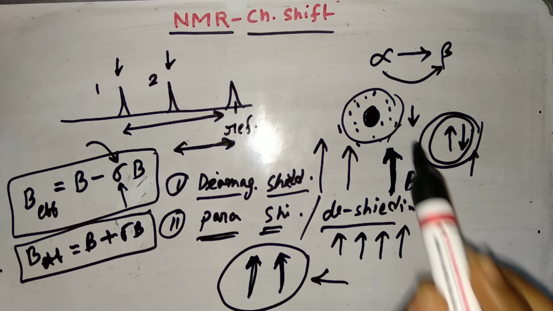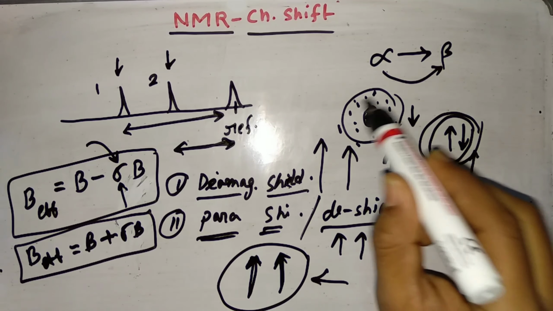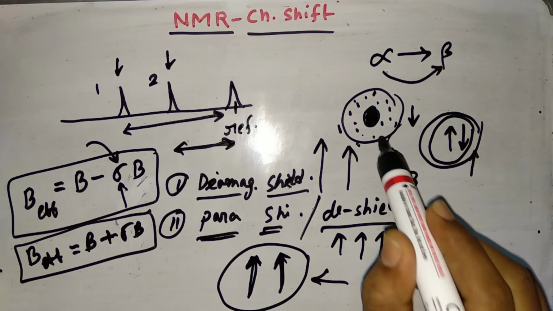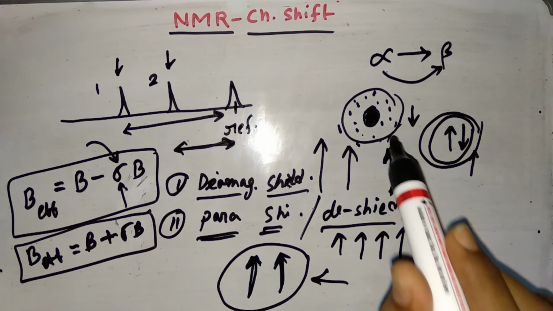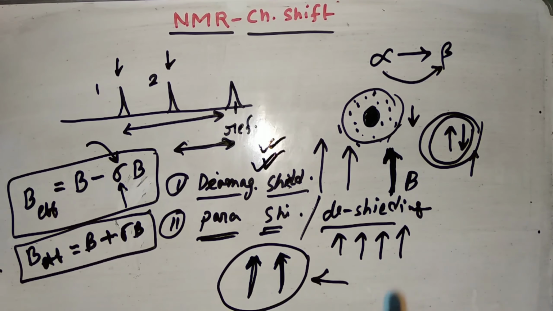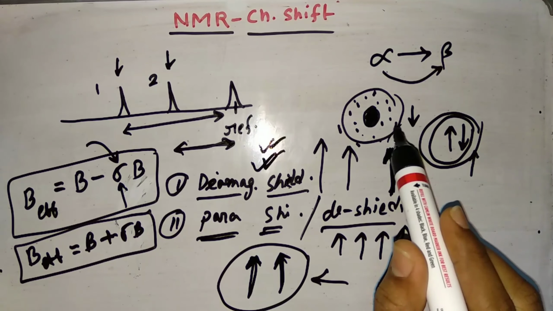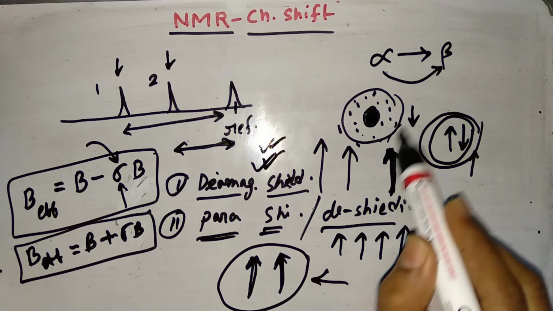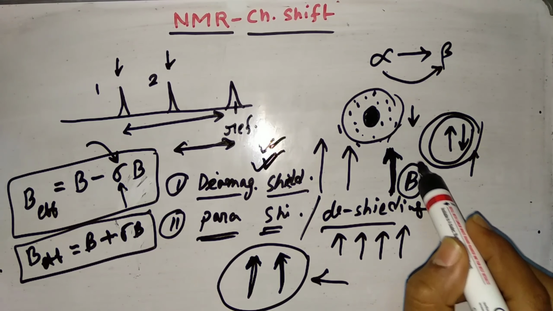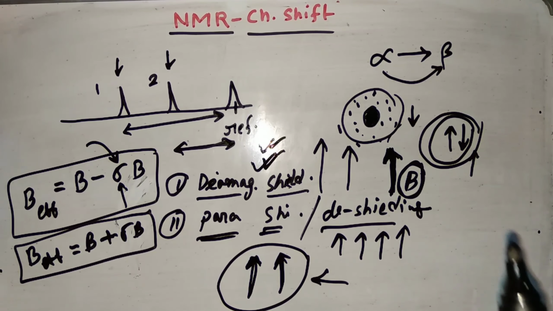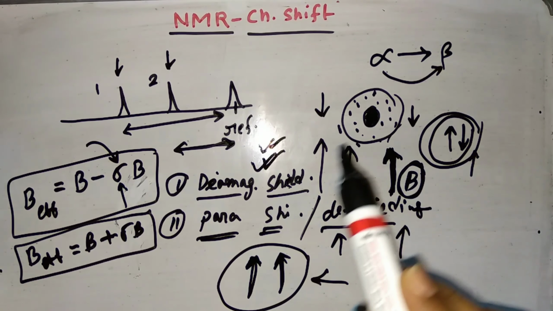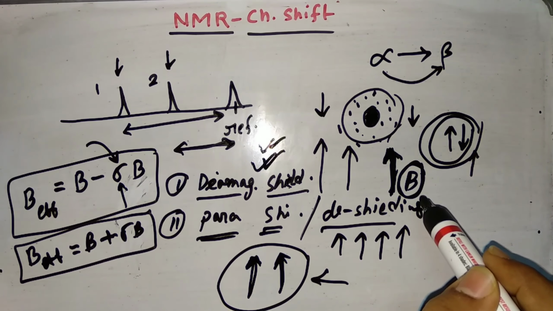Thus, if the electron density is more, or more electrons are present in a system, then that system shows diamagnetic shielding. Or say if a system doesn't have that many electrons, that system cannot oppose the external magnetic field, and that is why it will not show any kind of opposing, and it is easily aligned with the externally applied magnetic field.